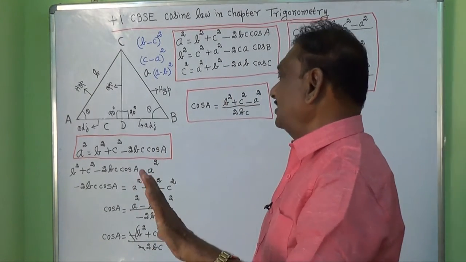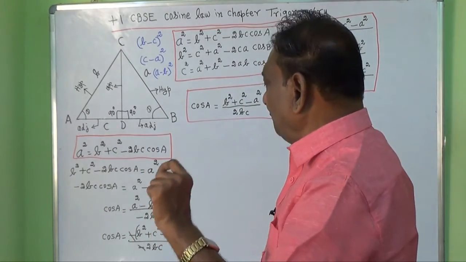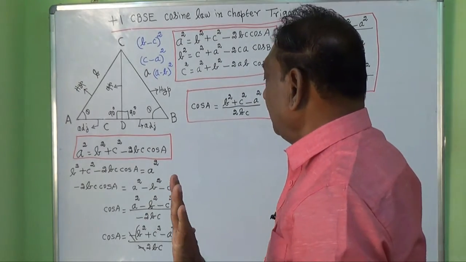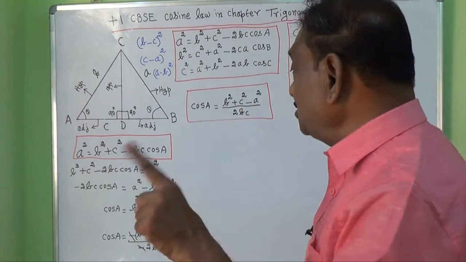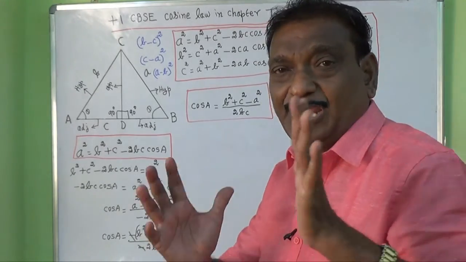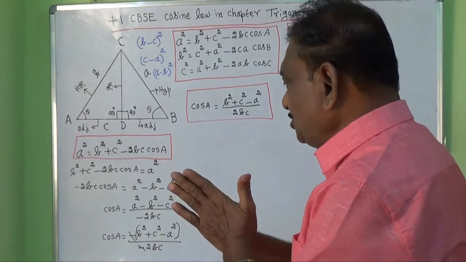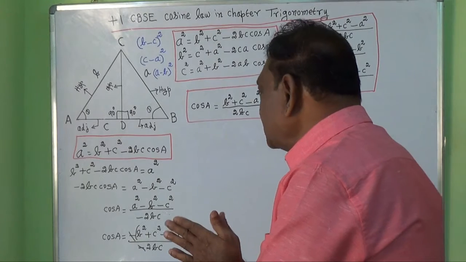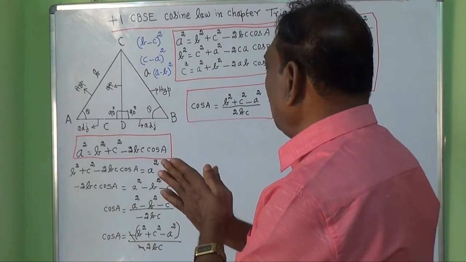Thereby we will get minus 2bc cos A equal to a square minus b square minus c square. In the left side we are having minus 2bc cos A, but we need only cos A in the left side. So if we bring minus 2bc to the right side, it will become division, that is, it will come to the denominator.